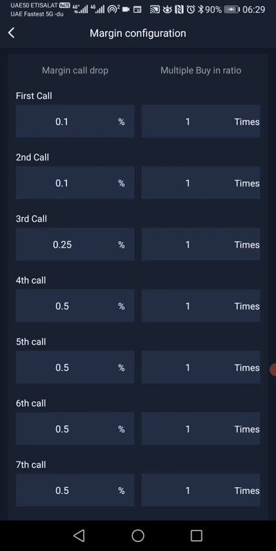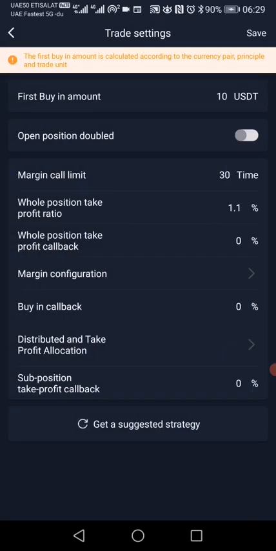So for my own budget, if you look, I said 30 times, buy one time. What that simply means is that I am budgeting 310. This 30 times, for every drop, it will buy 30 times 10, that is 300. Then plus the first buying amount, which is 310. So I budgeted 310 for this coin.